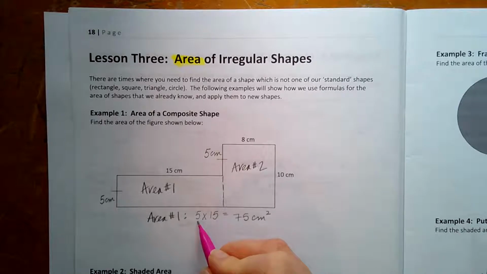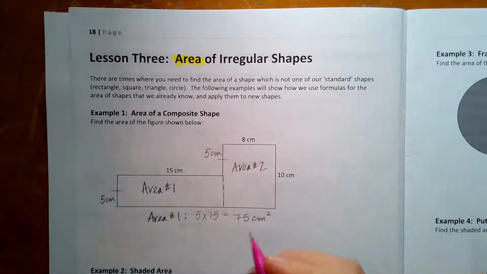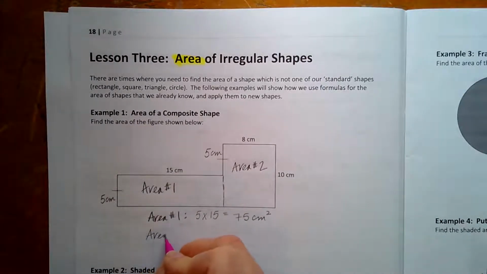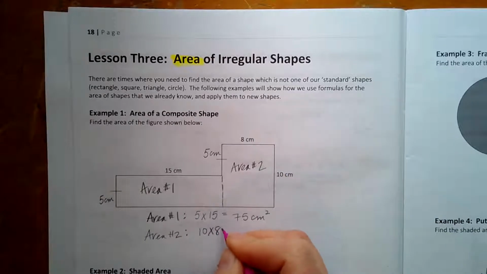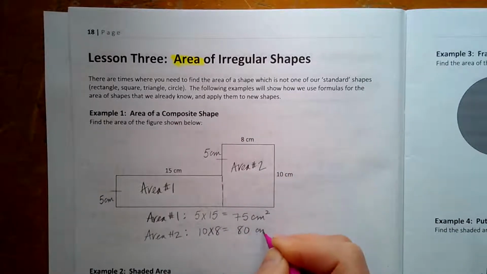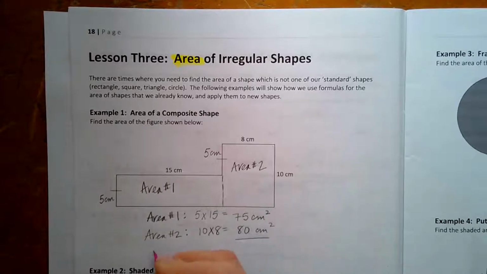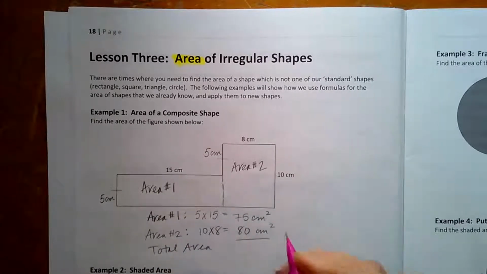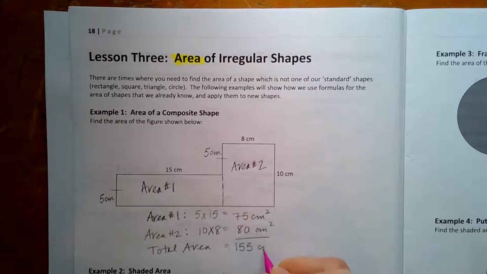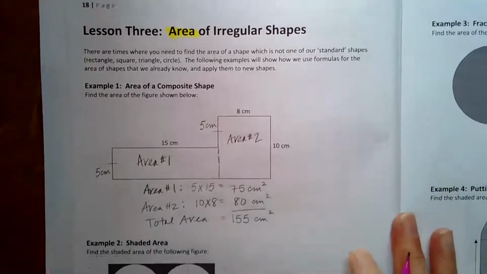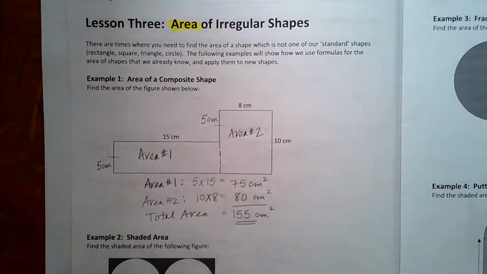I have to use the 2 because I have two numbers I'm multiplying. Area number 2, let's see what area number 2 will be. 10 by 8. Okay, so the total area of this composite shape equals 75 plus 80, 155 centimeters squared. Okay, and that's it.